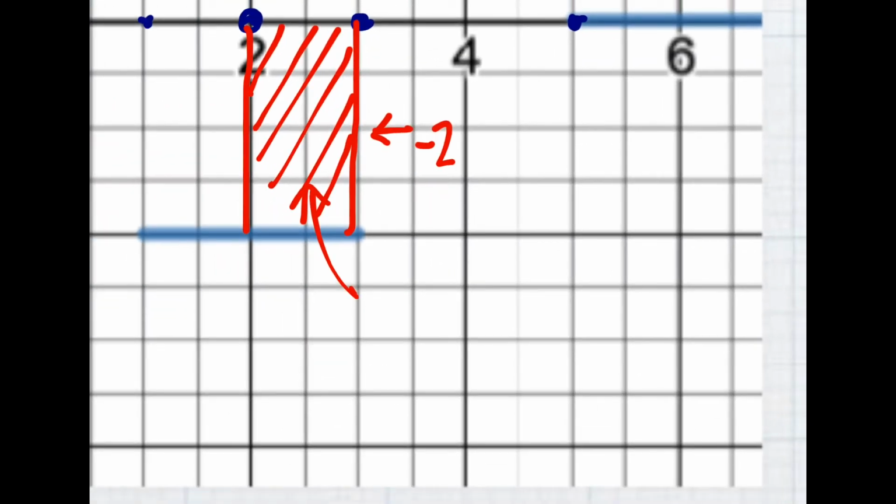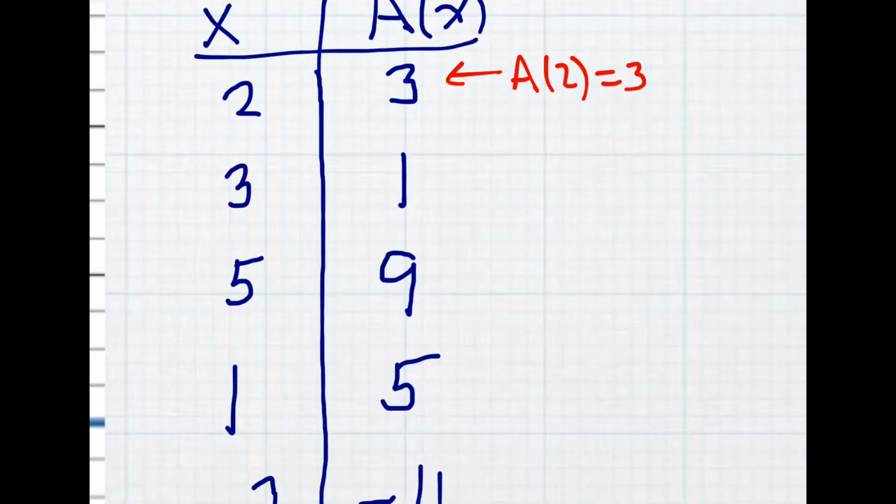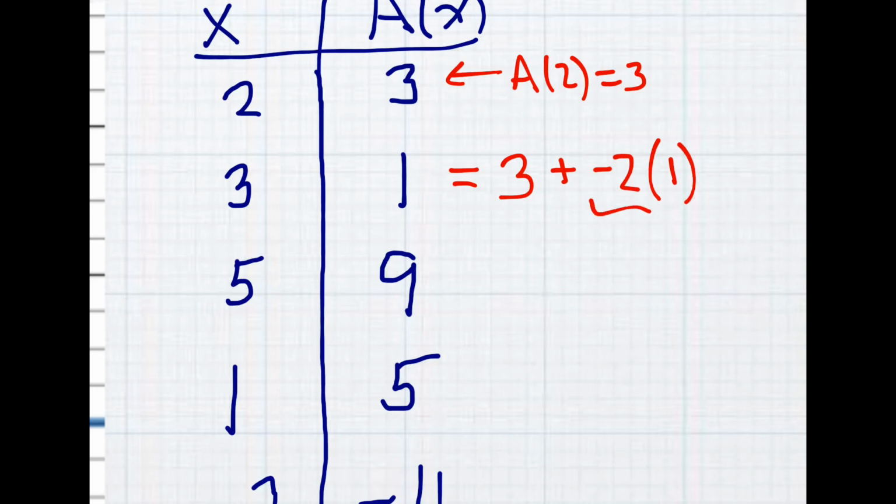It's a rectangle, and what we call it signed area. Delta x is 1, slope is negative 2. I'm adding this value. So this 1 came from my point-slope formula. I started at 3, and then I added negative 2 times delta x. And this is that area, the signed area of that block.